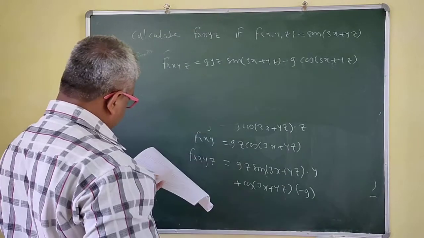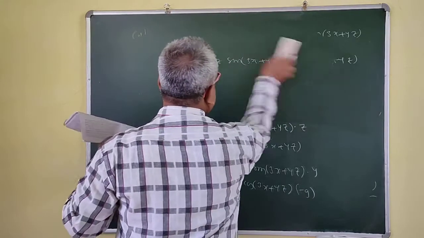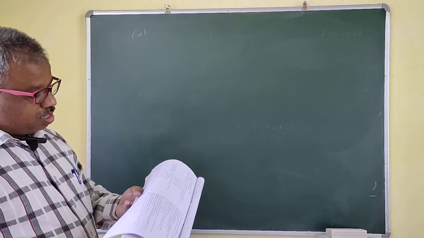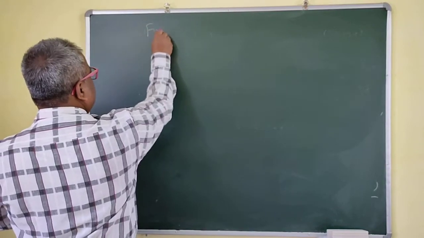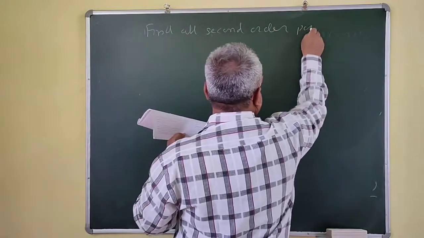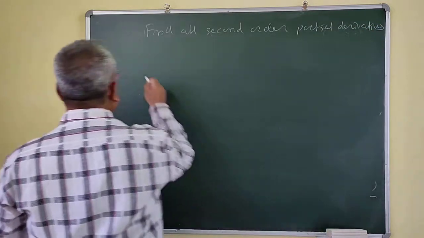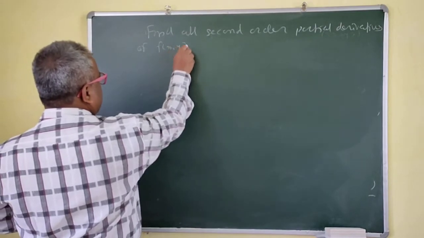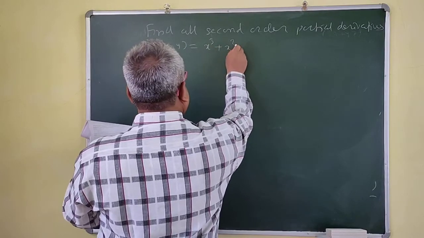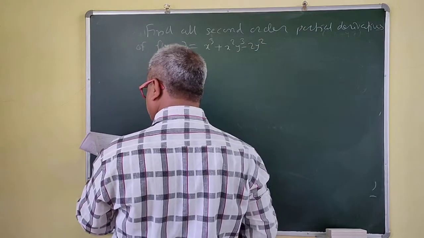Now we'll take the next example. Find all second order partial derivatives of f of xy is equal to x cube plus x square y cube minus twice y square.